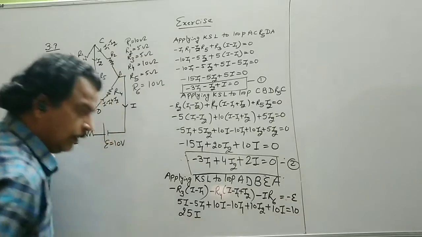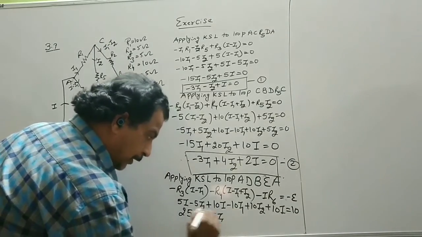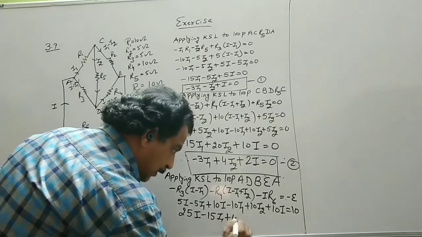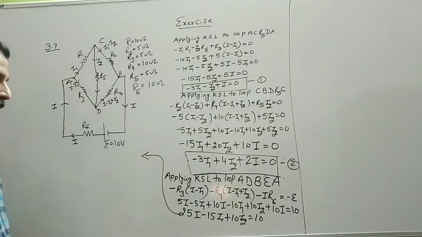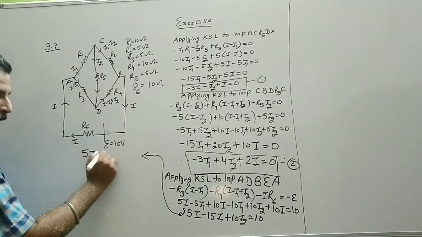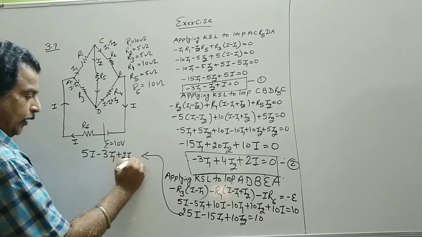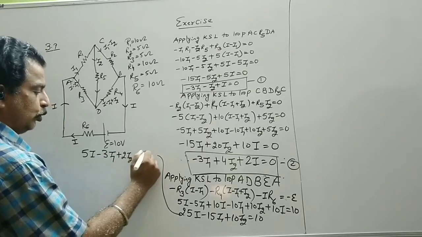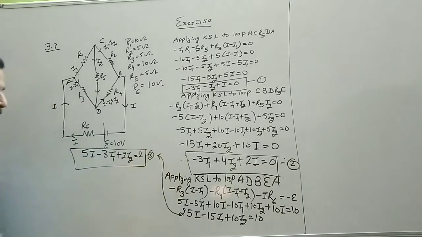So I is 10 plus 5, 15 plus 10, 25I minus 15I1 plus 10I2 is equal to 10. Dividing this by 5, it is 5I minus 3I1 plus 2I2 is equal to 2. Now this is our equation number 3.